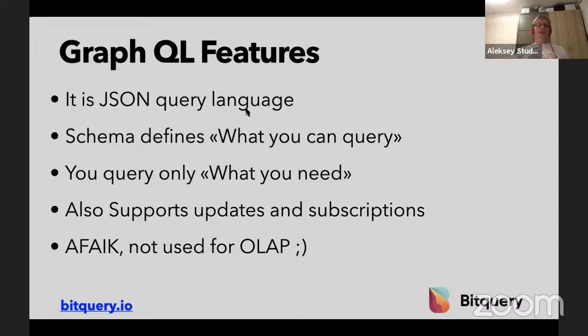And the idea is that you can query only what you need. One application may query only one attribute from a table, one column. Another will query 10 columns, and this will be the same API. And this is the power. This is the main point of all this. Why did we select it? Because this is exactly our case. In some cases, we want to query the whole network.